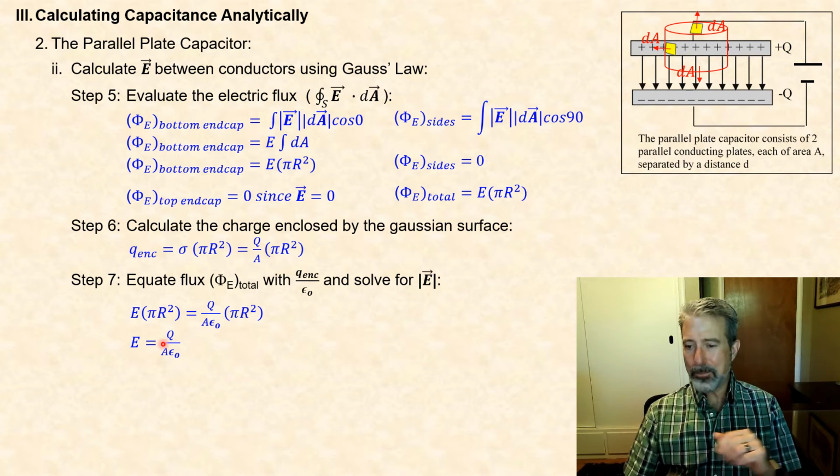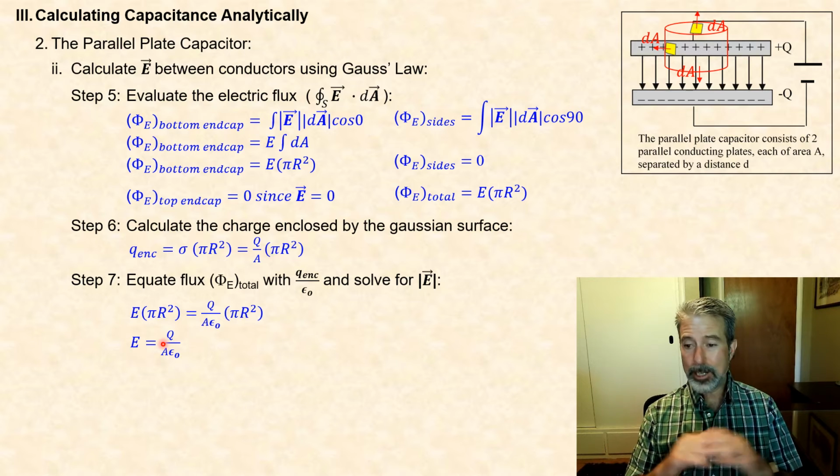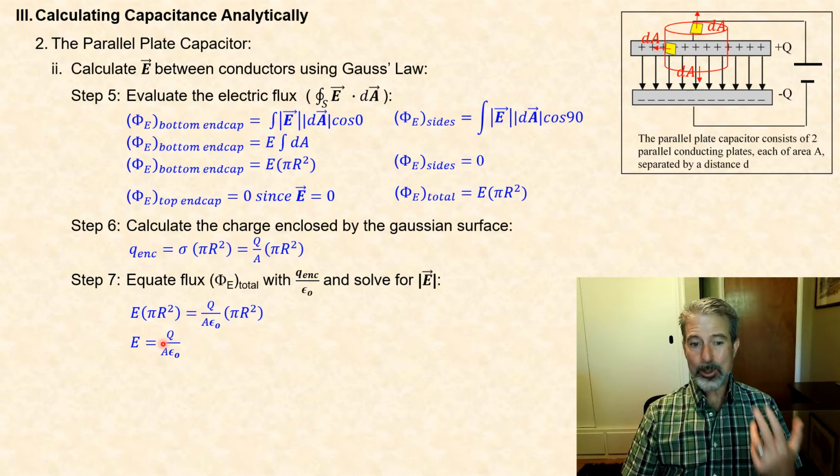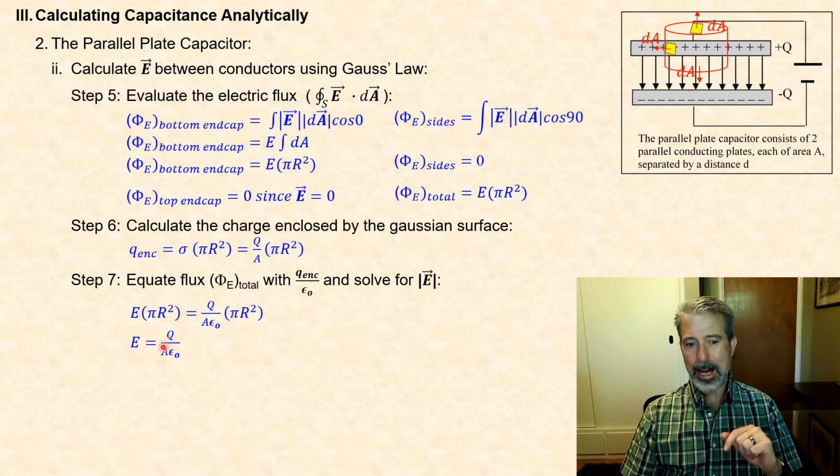Now recall, when we completed our unit on conductors in electrostatic equilibrium, we said that for a charged conductor, where we know that all the charge must reside on the surface of that conductor, at the surface of that charged conductor, the electric field at any point was equal to sigma over epsilon naught.